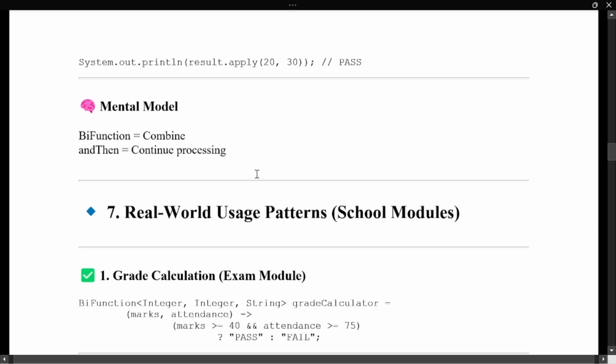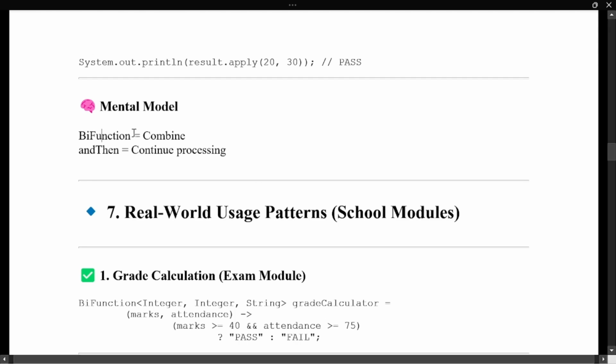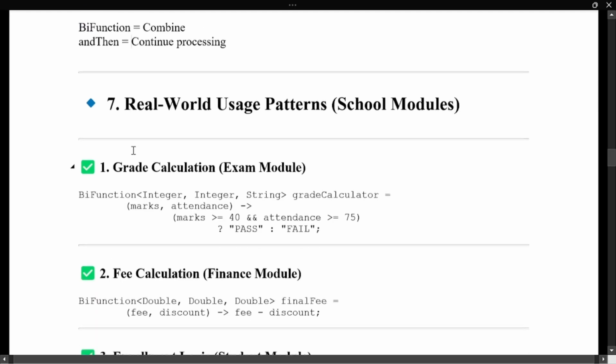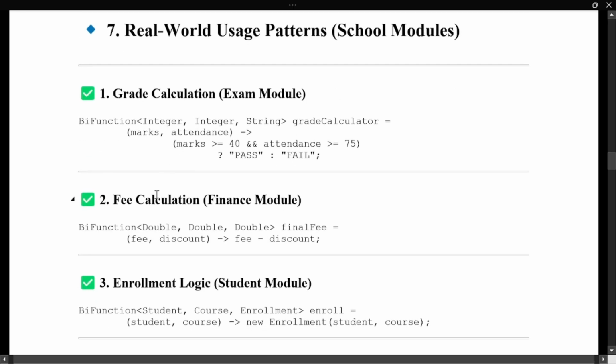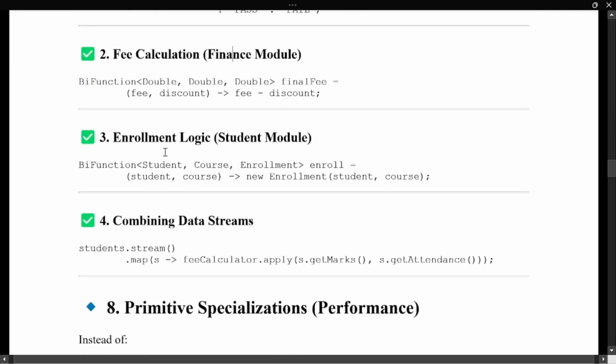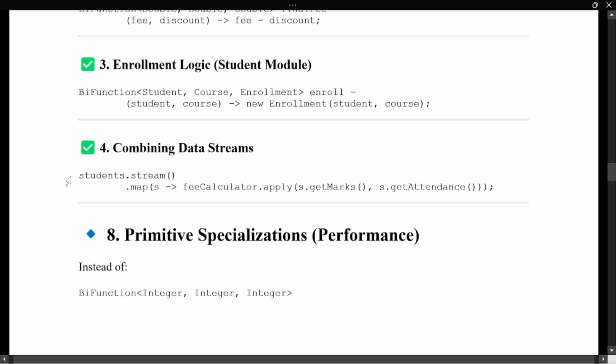So BiFunction mental model: combine and then continue processing. It transforms further. We have real-world usage patterns in our school modules like grade calculation, fee calculation, enrollment logic, and combining data streams like this.